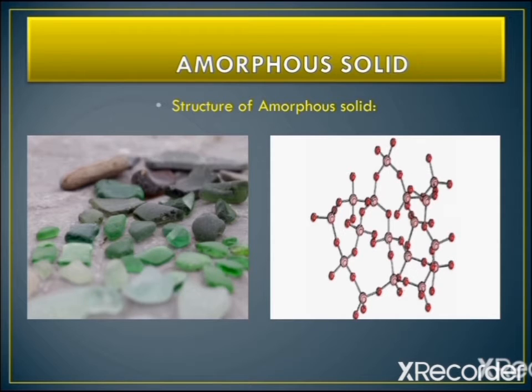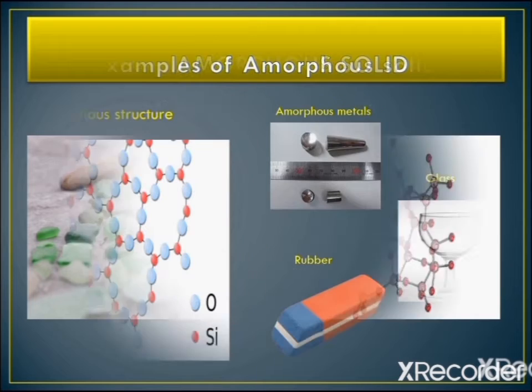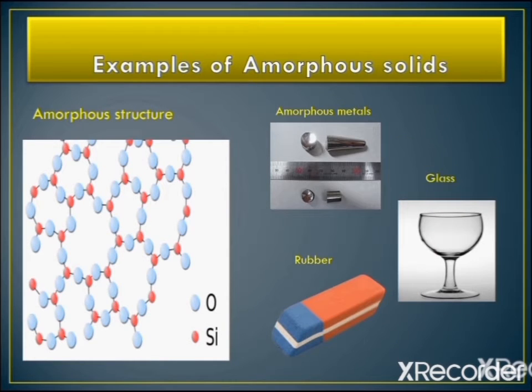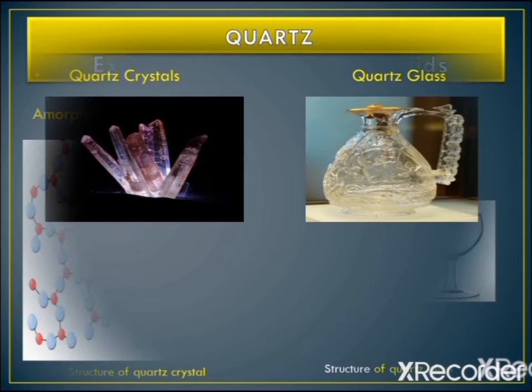Amorphous solids do not melt at definite temperature but gradually soften when heated. Examples of amorphous solids are rubber, glass. Even different metals exist in amorphous forms.